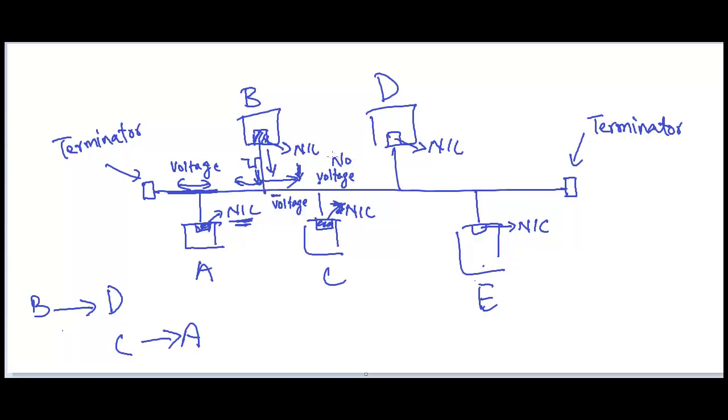Remember, this signal is traveling this way, and it has only reached this point up till now. So C transmits its message, and this message reaches this wire, and it starts traveling both ways.